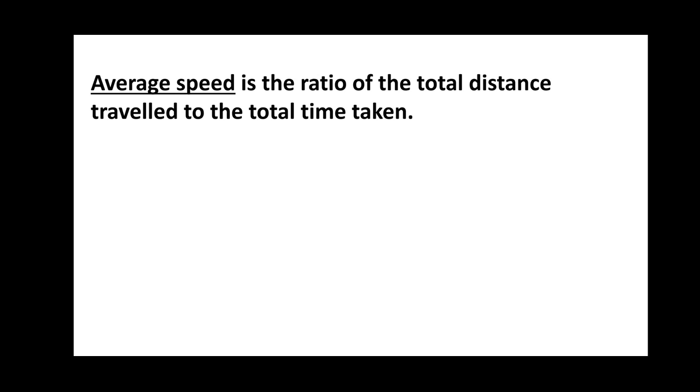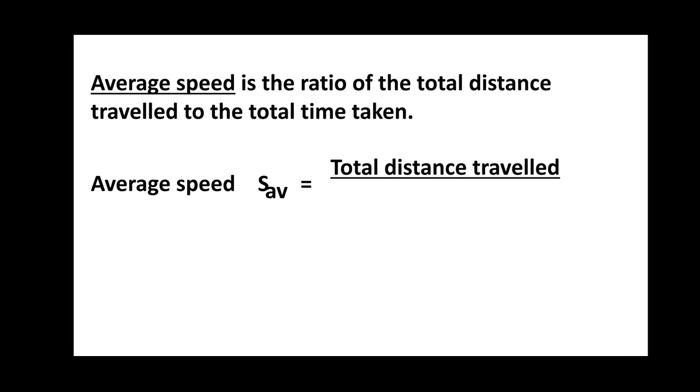That is, average speed, S_av, is equal to total distance traveled divided by total time taken. In the case of example we discussed for non-uniform speed, we told that the object is covering 1 meter in first second and 2 meter in the next second. Then the average speed of that object can be found by calculating the total distance traveled and total time taken.